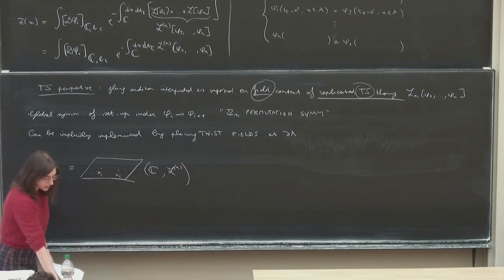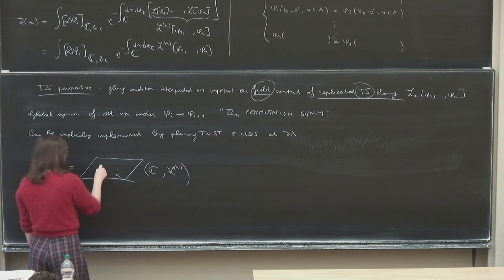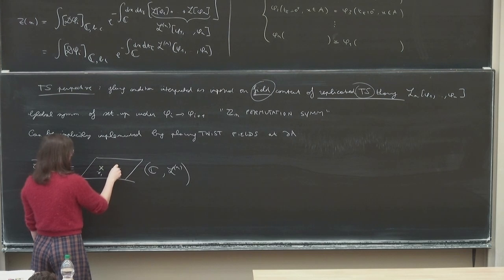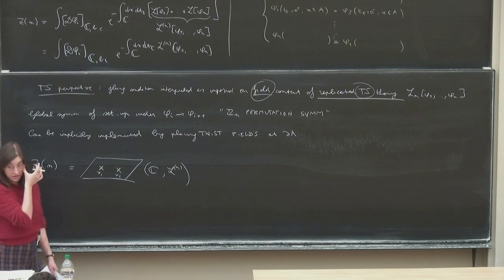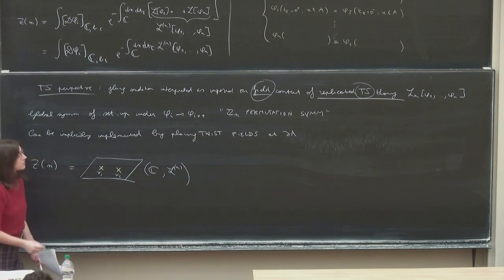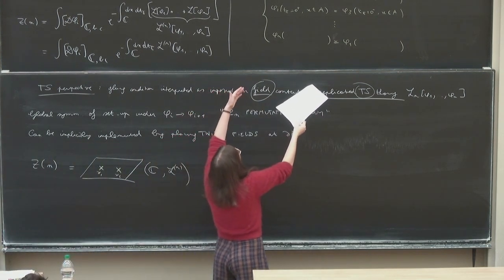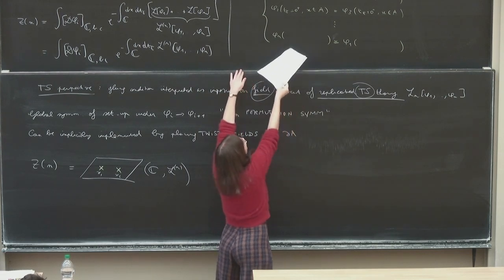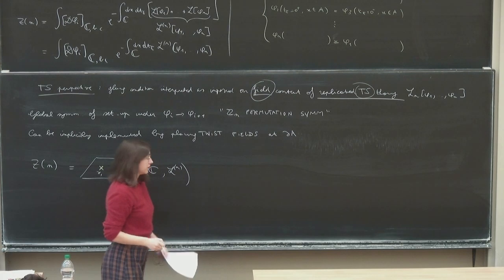So instead of having to add here now plus boundary conditions, I'm going to place some fields here, and I'm going to consistently use crosses to refer to twist fields. I place some type of twist fields here, which I define to have this effect of imposing these boundary conditions, or how these fields talk to each other.